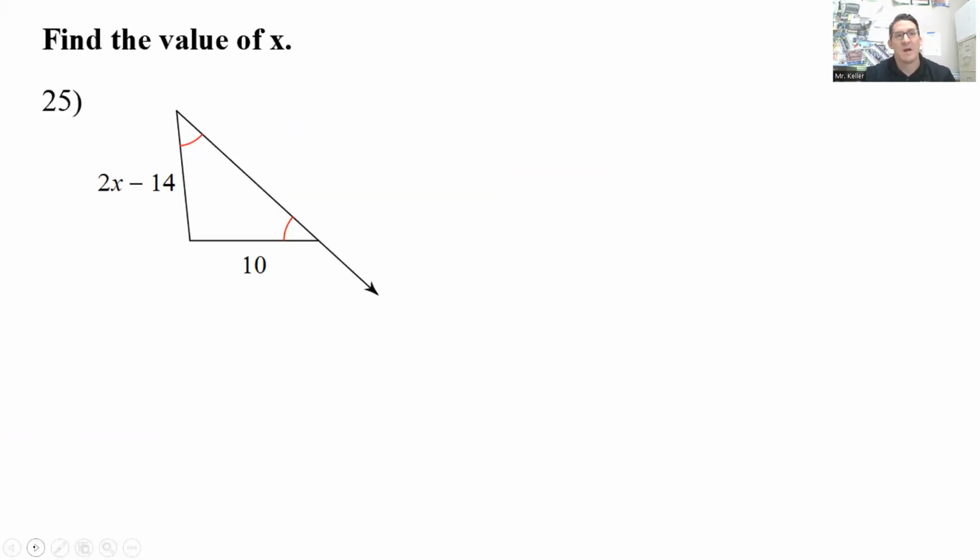Next example here, find the value of X. Again, we're just going to set up an equation. We have our base angles here, so this side is the base. That means these sides are congruent to each other. When things are congruent, you set them equal to each other and then solve. So 2x minus 14 equals 10; you add 14 to both sides.